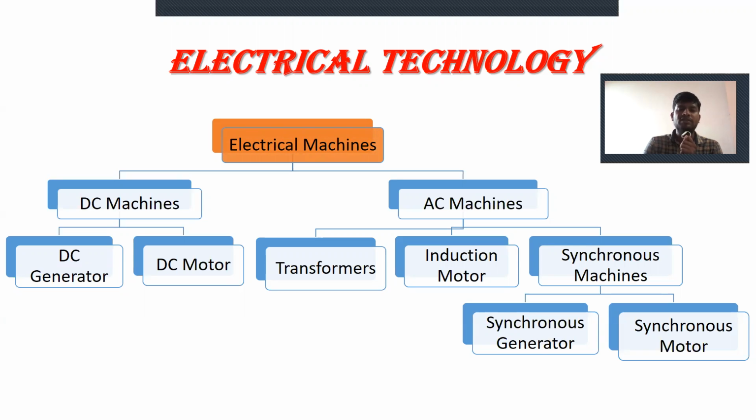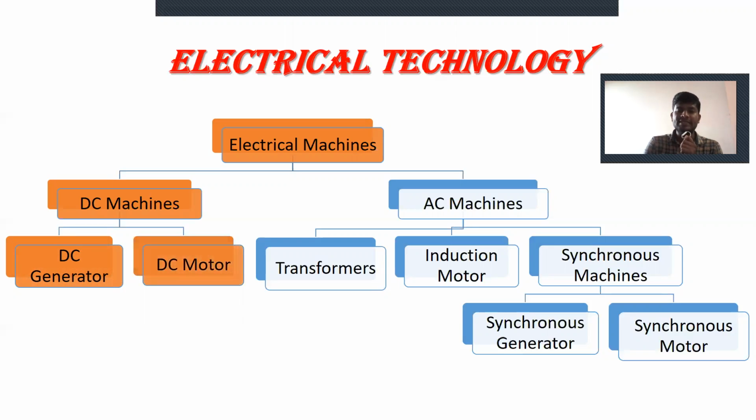So, the electrical machines are classified into two types. One is DC machines, and another one is AC machines. Here, the DC machines are again classified by their generation and utilization of energy, that are DC generator and DC motor.